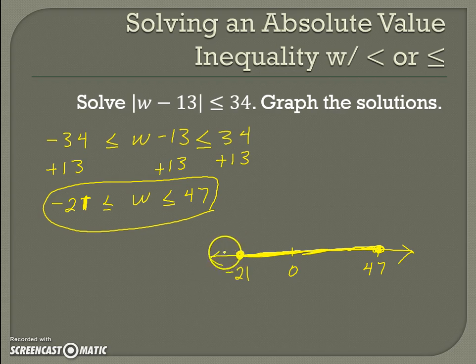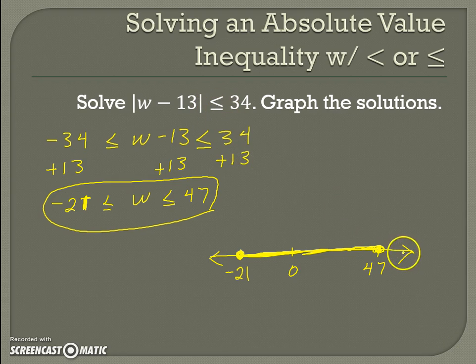Let's try a number that's outside of the range, though. What if we did negative 22? Negative 22 minus 13 is negative 35, but because it's an absolute value, it is positive 35. And positive 35 is not less than or equal to 34.